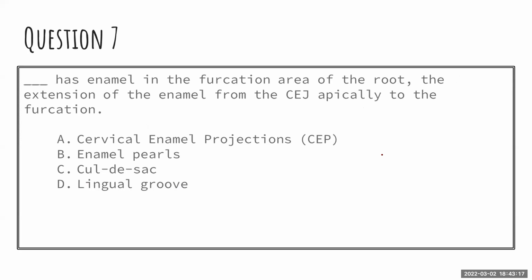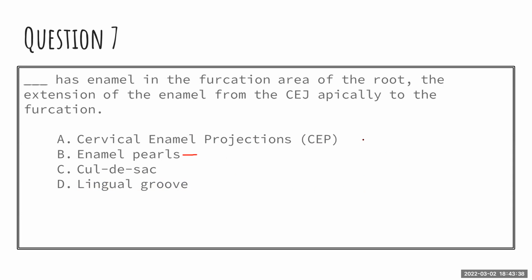Okay, blank has enamel in the furcation area of the root, the extension of enamel from the CEJ apically to the furcation. Enamel first. Okay, so we've got an enamel pearl. What is that? A?